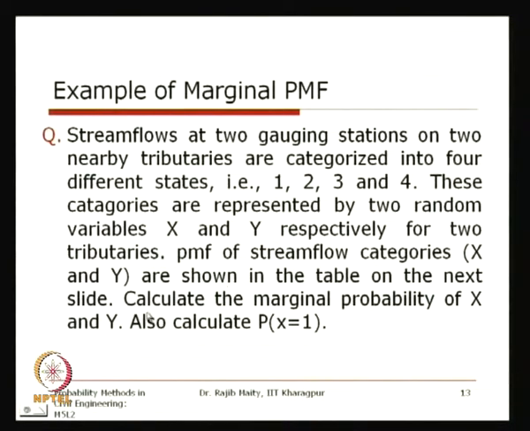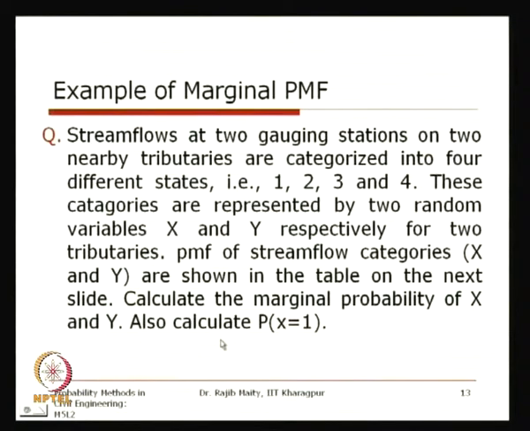So what we have to calculate here is the marginal probability of x and y, and also the probability of x equals 1. You recall that in the last lecture we calculated the probability where x is greater than y, which we got from the PMF that was supplied.